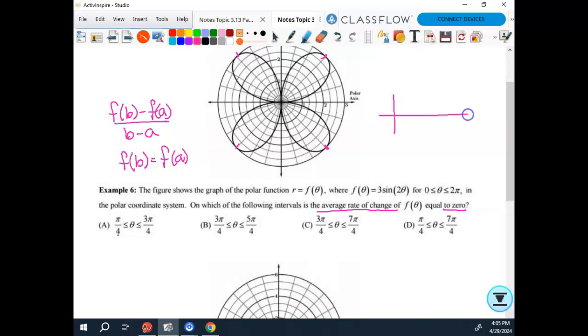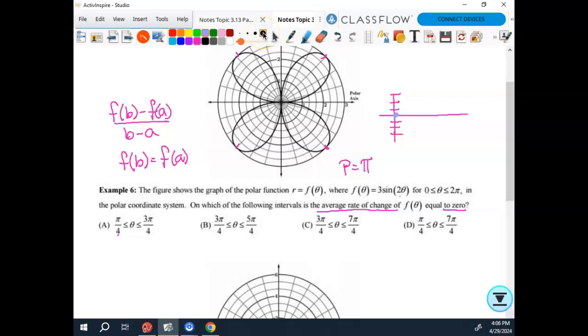I'm going to sketch what I know I can sketch, which is the rectangular form. Now this does not have a vertical shift, so I can just do my 3 and my 3. And since this is 2, that means the period is equal to pi. And this is sine, so when I plot this, it's going to look like this. Okay, sorry, got interrupted.